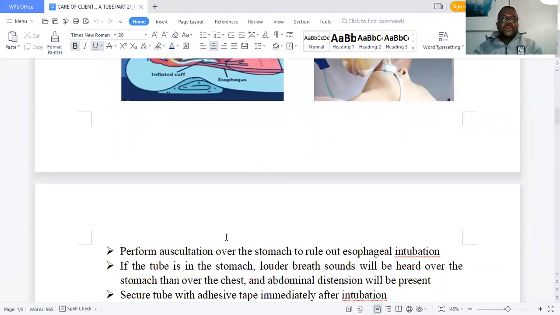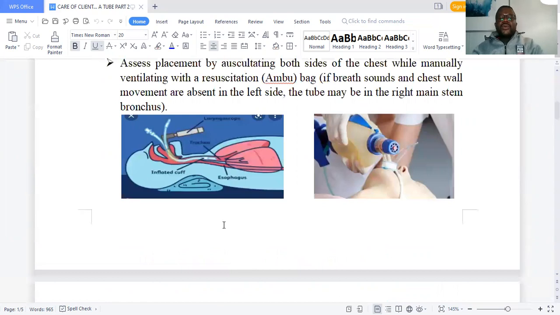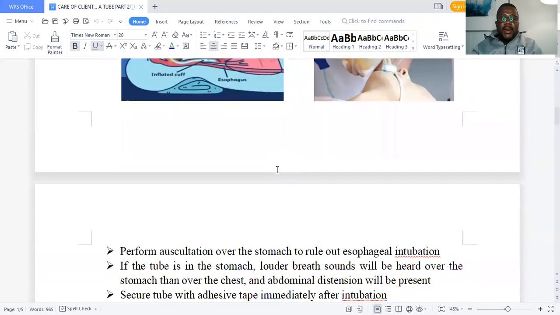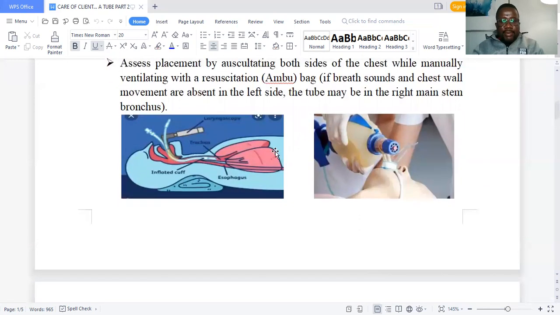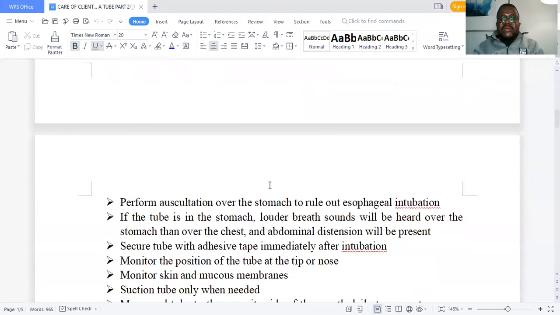Now, you also have to perform auscultation over the stomach to rule out what we call esophageal intubation. Now, if you inflate the bag and ventilate the patient, but you find abdominal movement, it means the endotracheal tube is instead in the stomach.